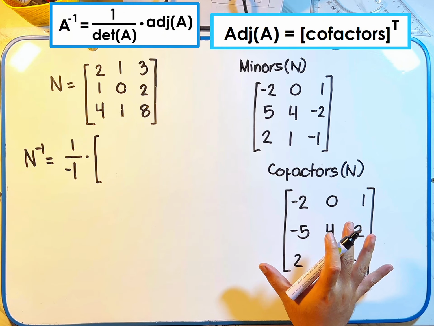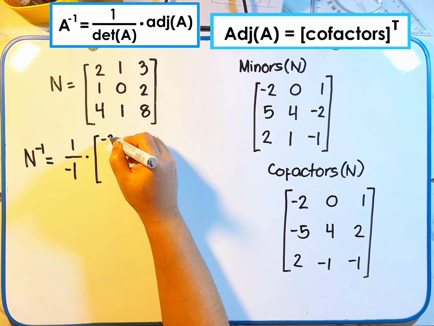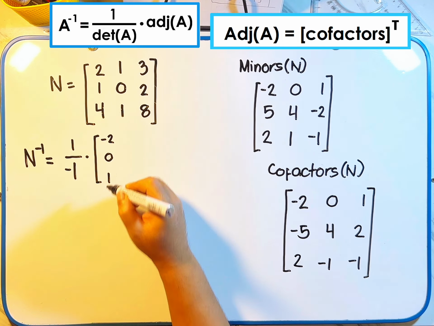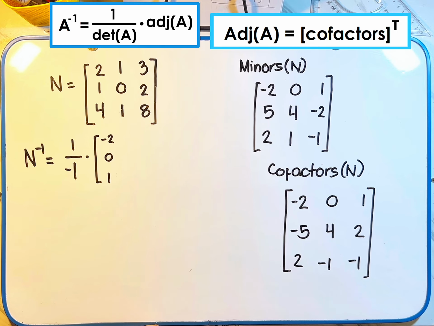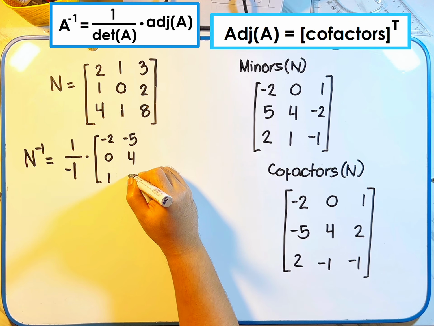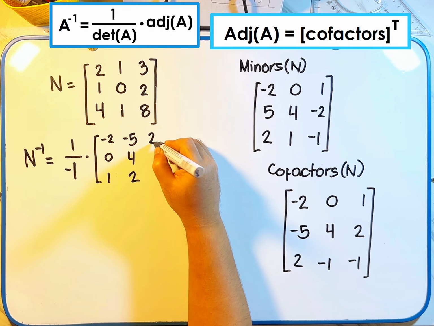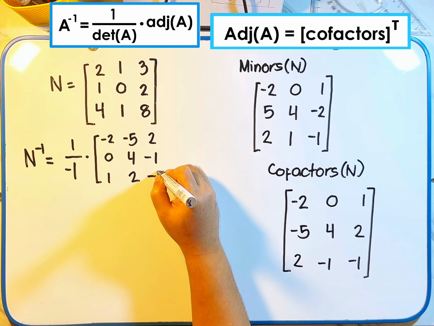So let's transpose these cofactors. The first row becomes the first column, so negative 2, 0, 1. The second row becomes the second column, so negative 5, 4, and 2. And the third row becomes the third column, 2, negative 1, negative 1.